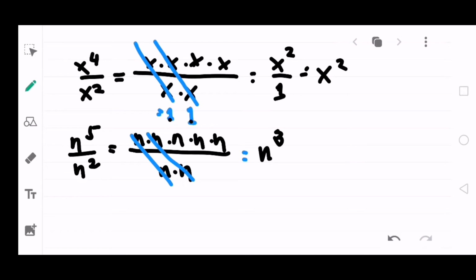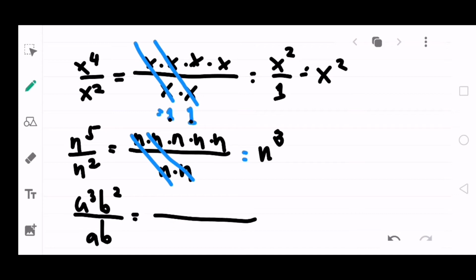Okay, another one. Let's have a cube b squared over ab. Now, expanding these expressions, for the numerator, this is the same as a times a times a times b times b for b squared. And for the denominator, that is just simply a times b.